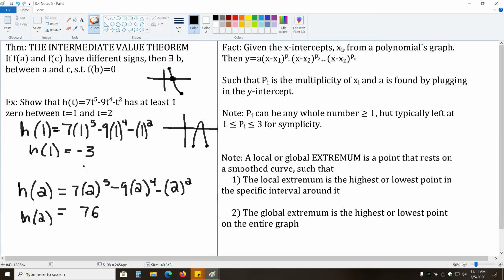So what does that tell us? Well, between t equals 1 and t equals 2, our function goes from a negative value to a positive value.